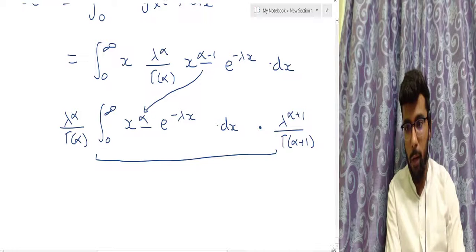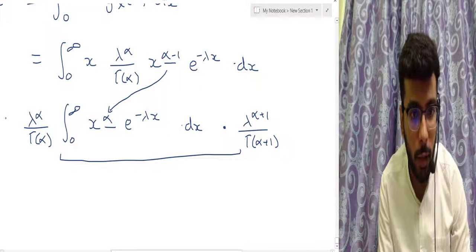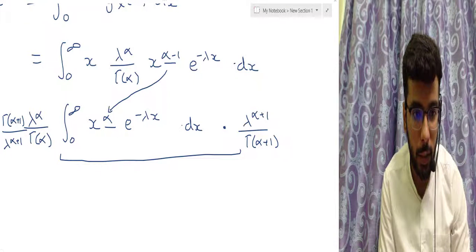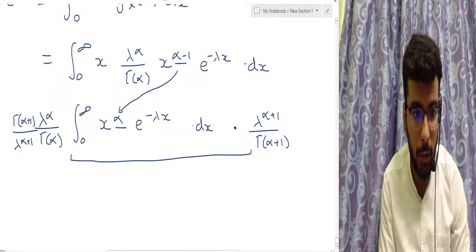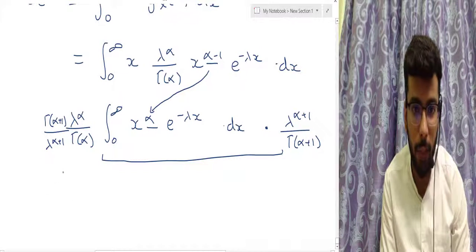So if you multiply by this term, you will also have to divide by this term. So I'll multiply with the reciprocal of it, gamma of alpha plus 1 upon lambda to the power of alpha plus 1. This sort of adjustment can be done in order to make this a complete PDF, which is what we have done for all the other distributions as well. So what do you have here?